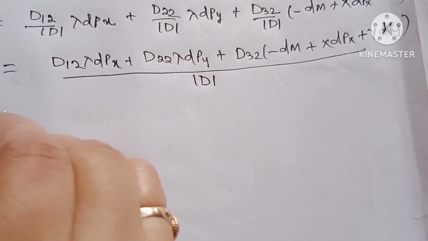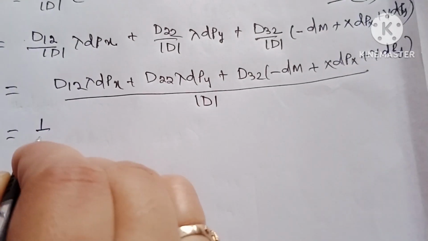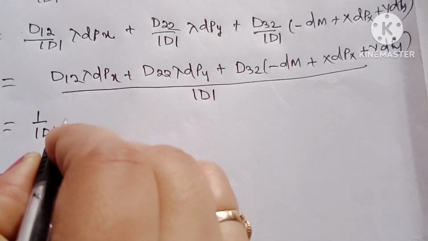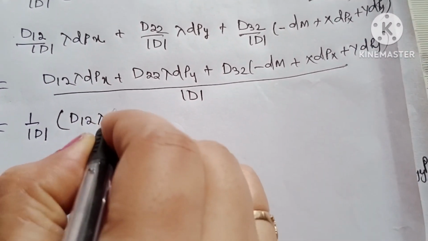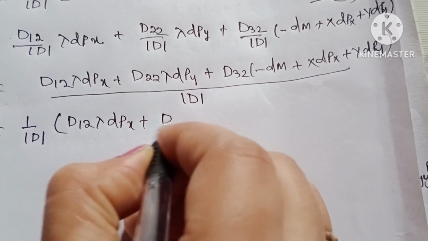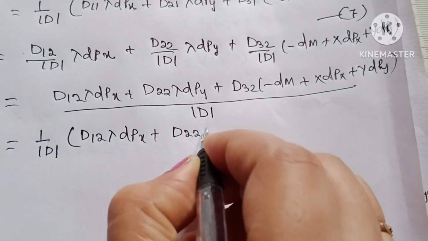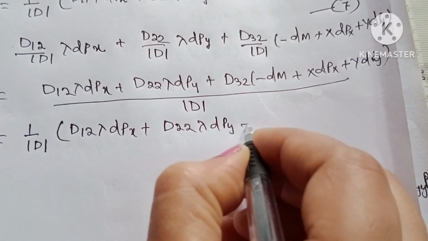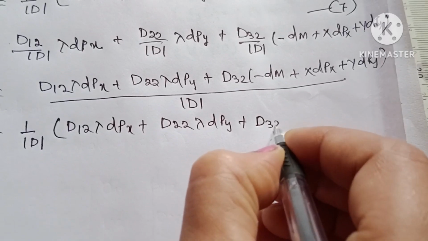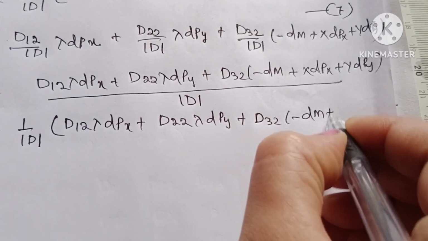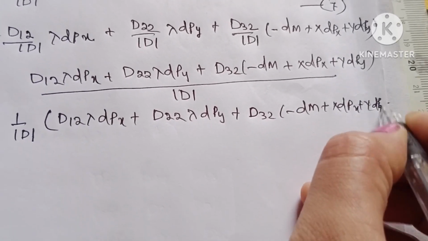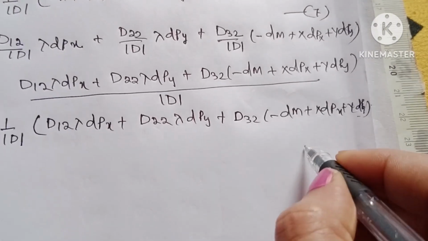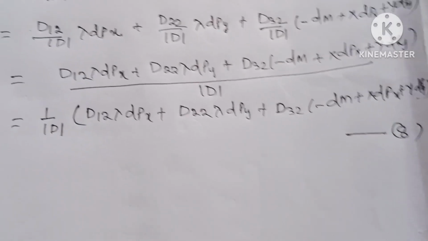Taking 1 by determinant value as common, this becomes your equation number 8.